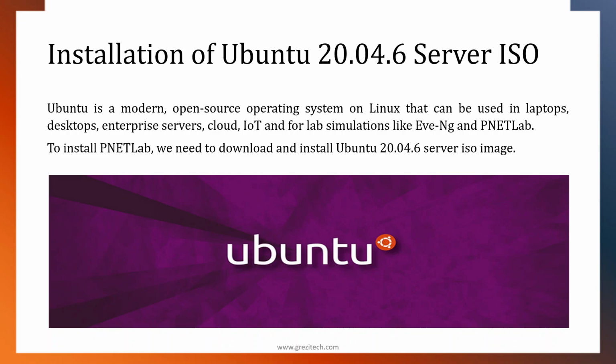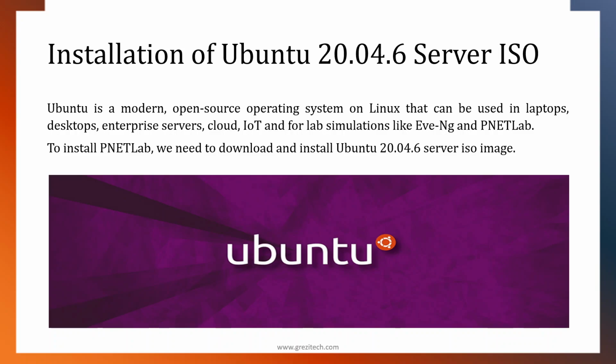There are various versions, just like how you have Windows 7, Windows 8, Windows 8.1, Windows 10, and Windows 11. For Ubuntu, there are lots of versions also. You have version 18, version 20, version 22, and many more.